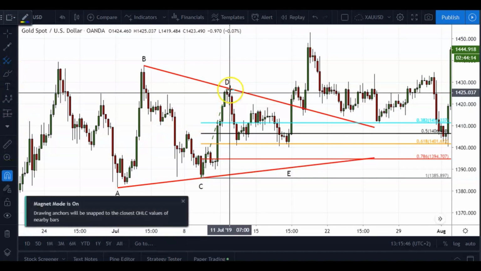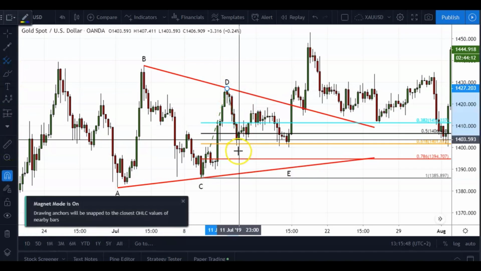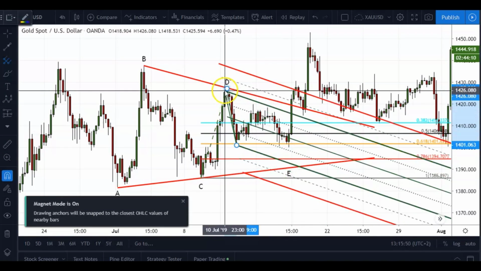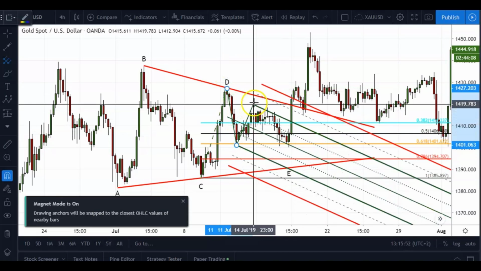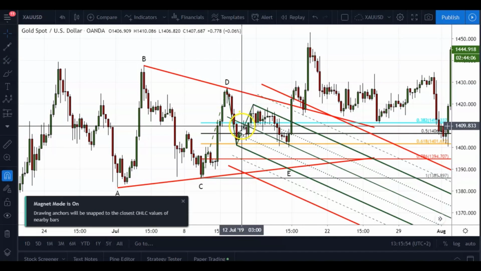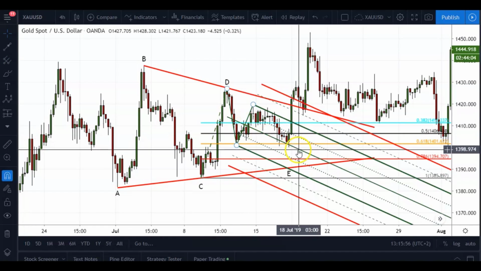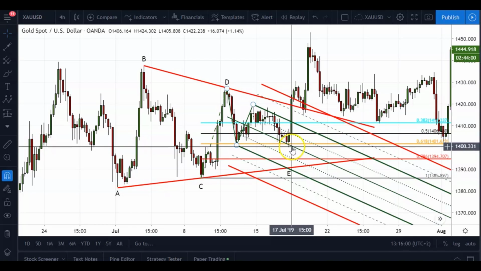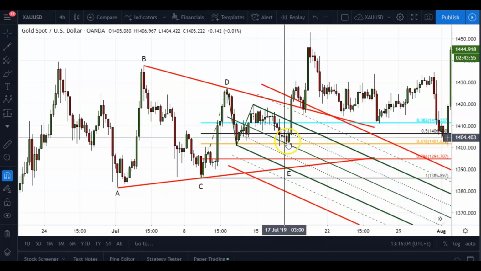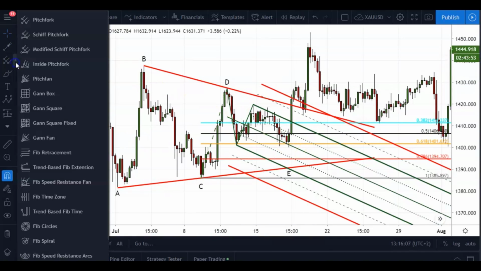And as you know, I like using my pitchforks, or a combination of my pitchforks and my channels. If you've gone from that high to this low to this lower high over here, you see, and I love using my Schiff pitchforks when dealing with corrections. You'll see that price failed to actually break through the center median line of this downward sloping pitchfork. You could have used a channel at the same time as well.